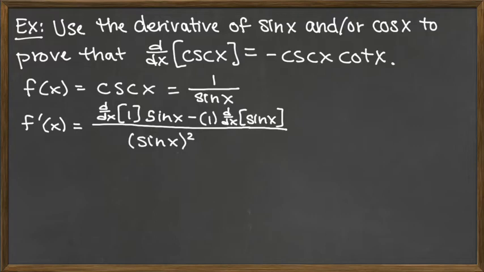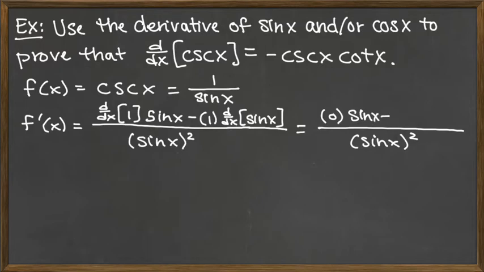All right, so we've got, so far, cleaning this up, I'm going to keep writing the sine of x quantity squared there on the bottom. And we know that the derivative of 1 is 0 because the derivative of any constant is 0. So we're looking at 0 times sine of x minus that 1 times the derivative of sine of x.